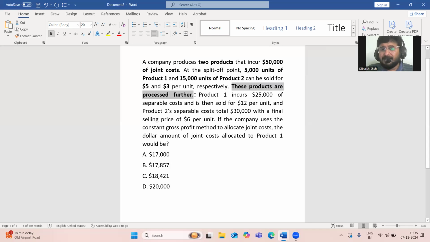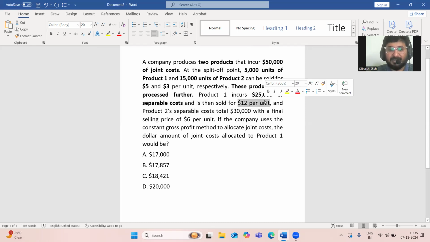Product 1 incurs $25,000 of separable cost. Separable cost means further processing cost. And after it is further processed, it will be sold for $12. So see, the sale price is dramatically rising, right? Earlier it was only $5. Now it is increasing to $12 per unit.